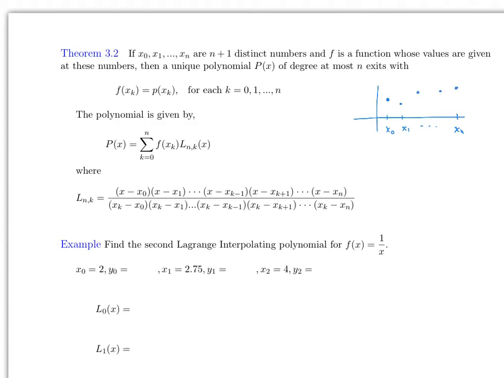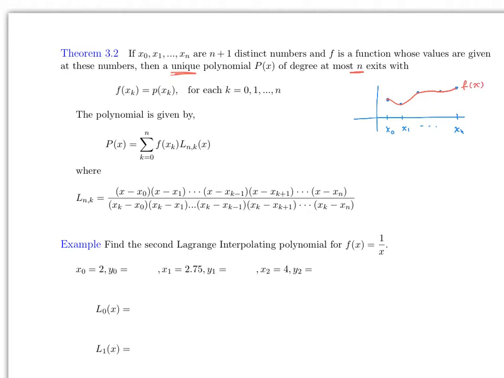Okay, so let's say you have a function that looks like this. Then there is a unique polynomial of degree at most n, so this is important, where the two are equal to each other. So this is f of x, say that's the function.